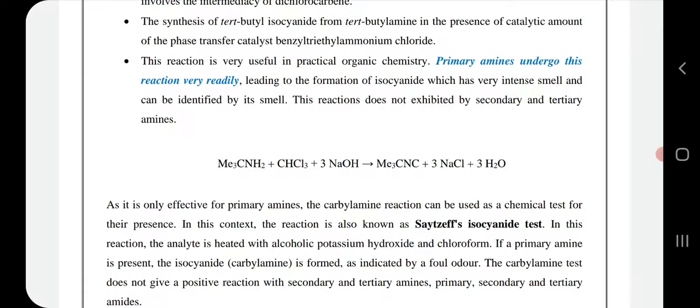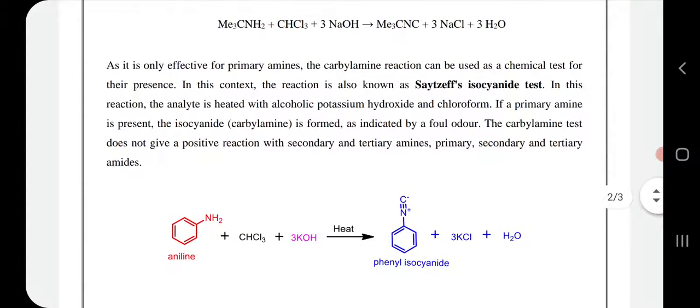Even a drop of isocyanide spilled in the laboratory will force everyone to evacuate the lab. So you can imagine how intense the smell of isocyanide is, and due to this smell we can easily identify the formation of isocyanide.